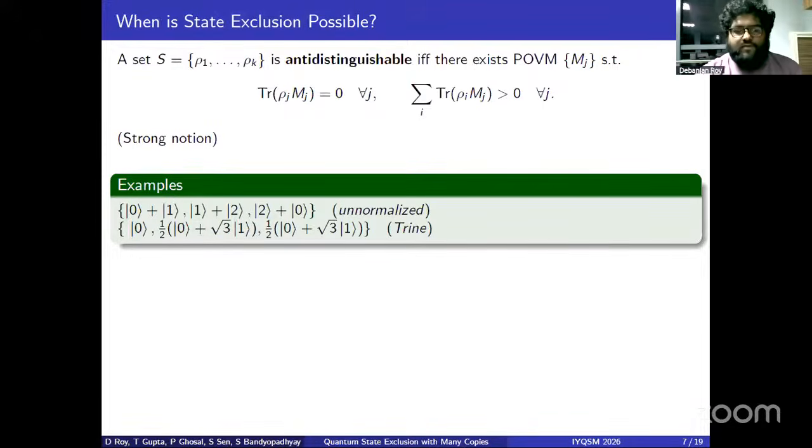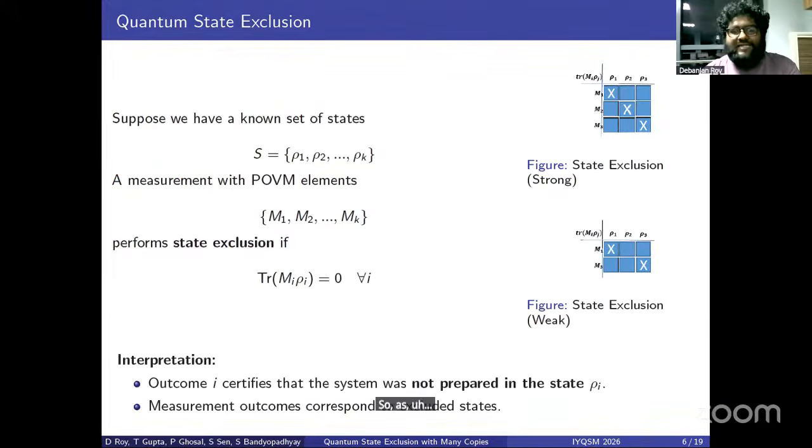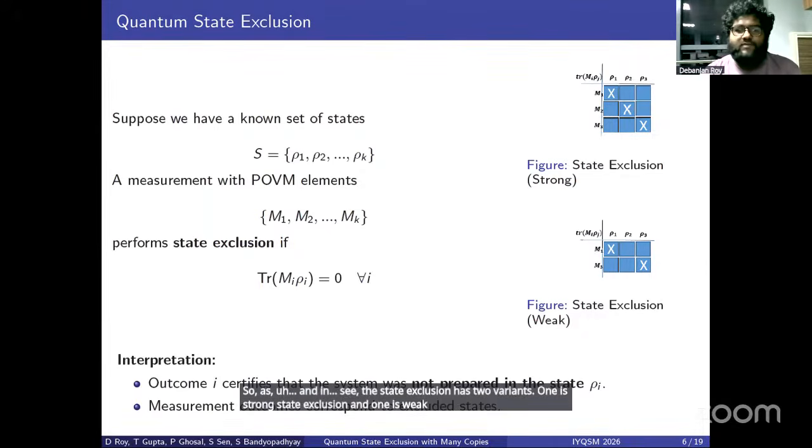State exclusion has two variants: strong state exclusion and weak state exclusion. The graphical depiction of the two variants has been provided in the slide. The rough difference is that in strong state exclusion, all the measurement outcomes find relevance, so no measurement outcome is redundant.